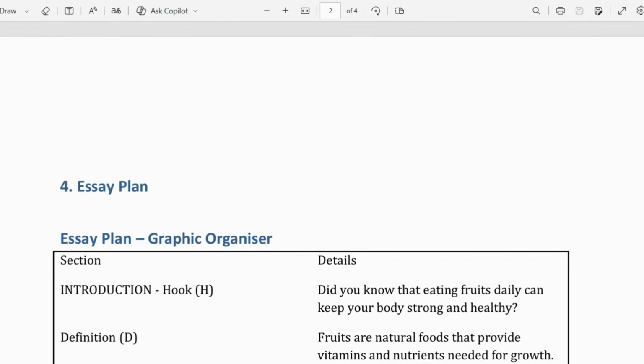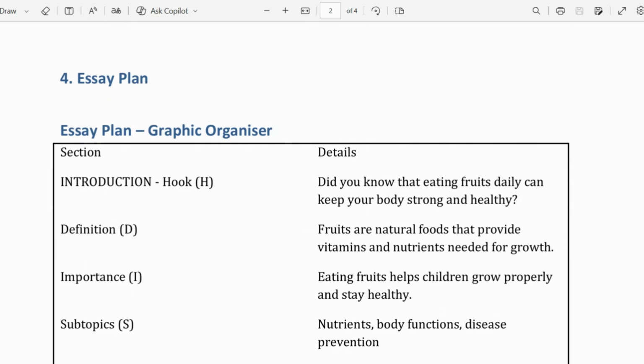So now let's look at the full essay plan with the introduction, the body paragraphs, and the conclusion. How we would literally set out our essay. This is the structure of how our essay should look, and then we're going to move into the actual essay afterwards. So your introduction consists of 4 parts: your hook, definition, importance, and subtopics. For your hook, you could use a question such as, did you know that eating fruits daily can keep your body strong and healthy?